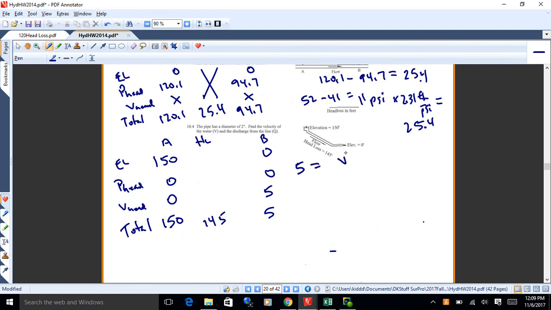So 5 is equal to v squared over 64.4, which is velocity head. And from there, you just have to solve for v. Multiply both sides by 64.4, you get v squared is 322. Take the square root, you'll get the velocity.